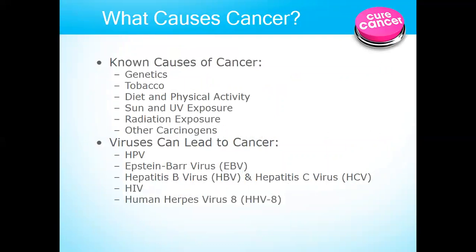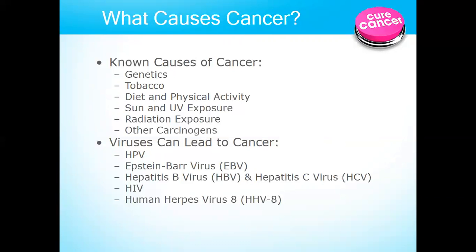Cancer is a complex group of diseases with many possible causes. However, we do know for sure that there are some specific things that cause cancer, and those include genetics, tobacco use, diet and physical activity, or lack of, sun and ultraviolet exposure, radiation exposure, and other carcinogens.